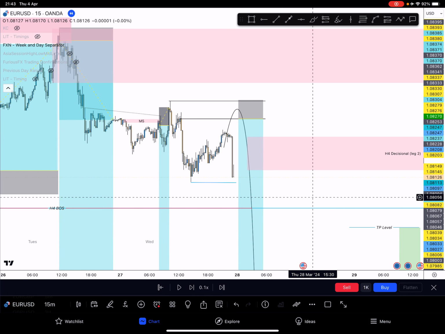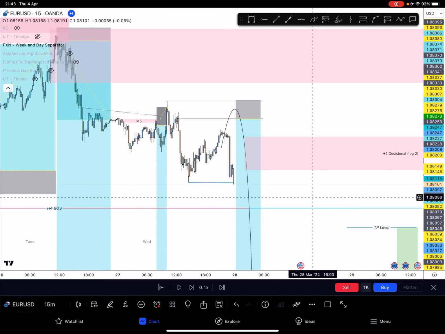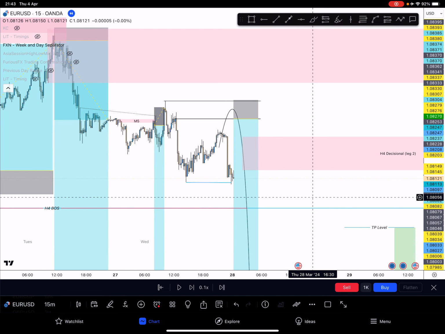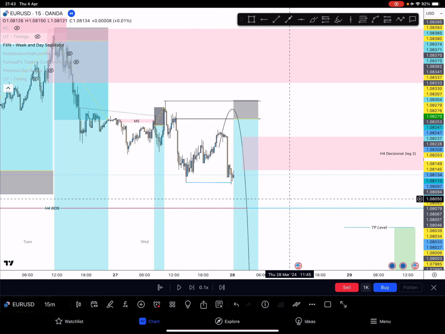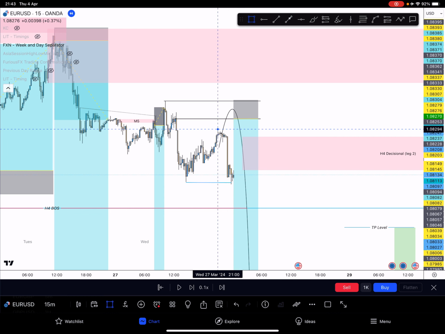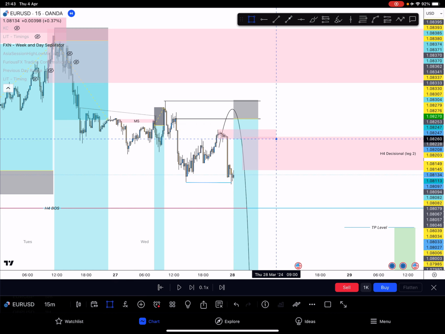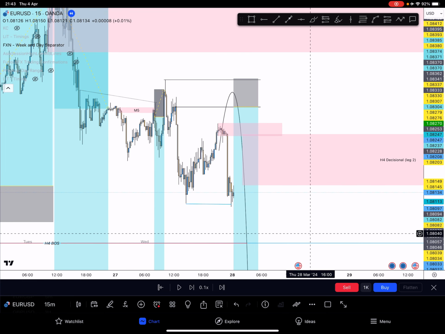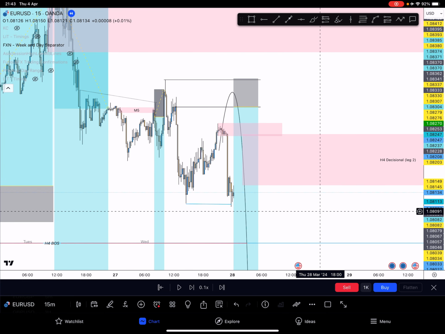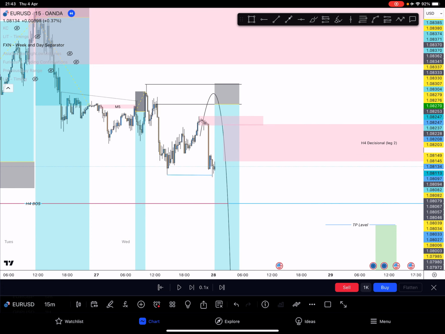So we had this drop, and we had the break. You see this break? Once price breaks this, you already know that with this high and this low, it's very, very possible that price will just react from there to fall lower.